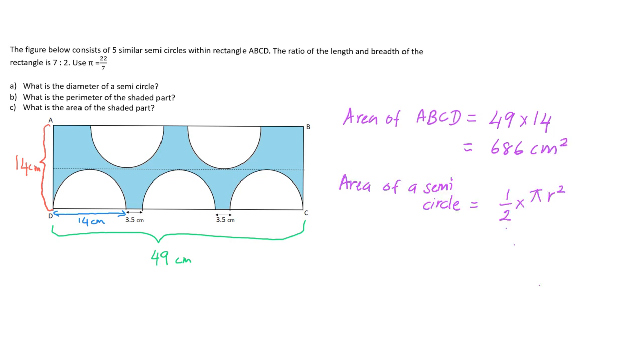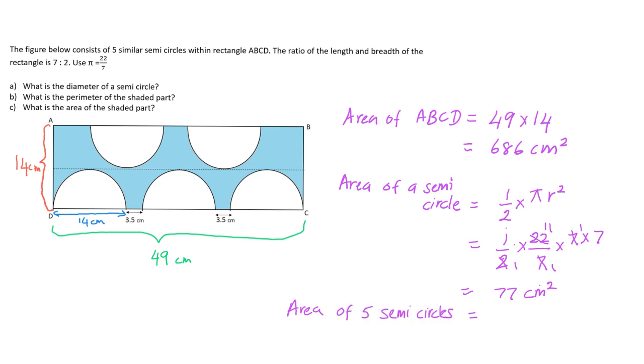So the area of a semicircle is half times pi r squared. That will be half times 22/7 times the radius, which is 7 centimeters, times 7 centimeters. Okay, so I get 77 centimeters squared for one semicircle.